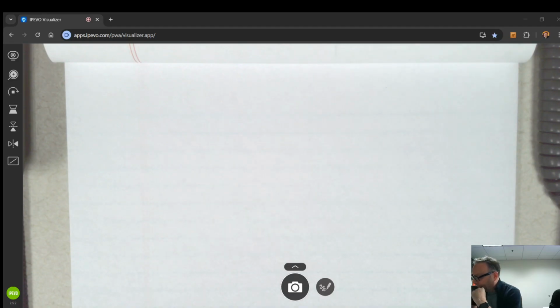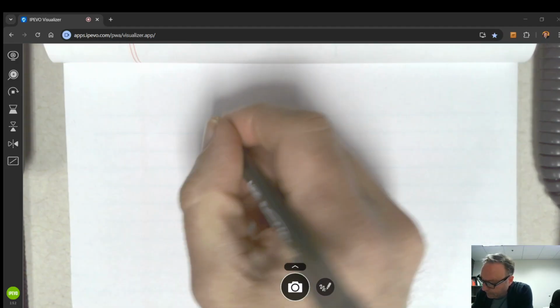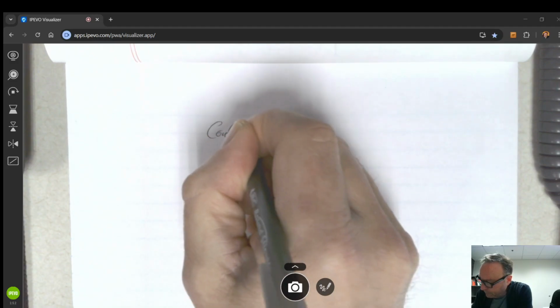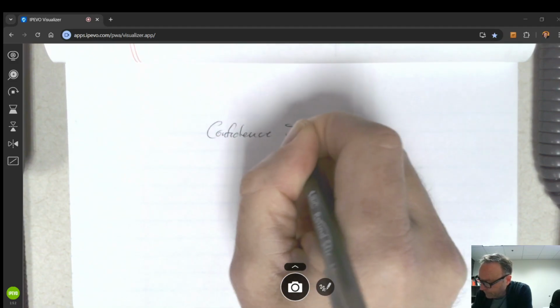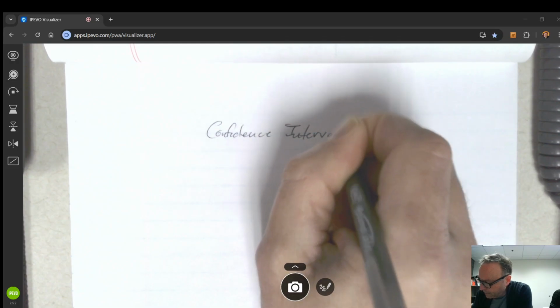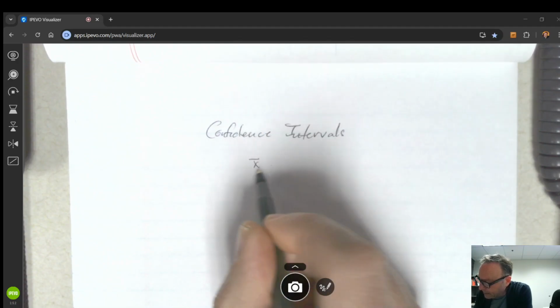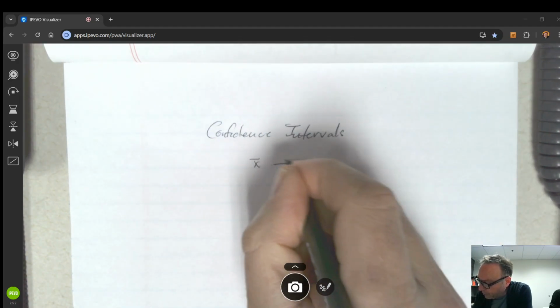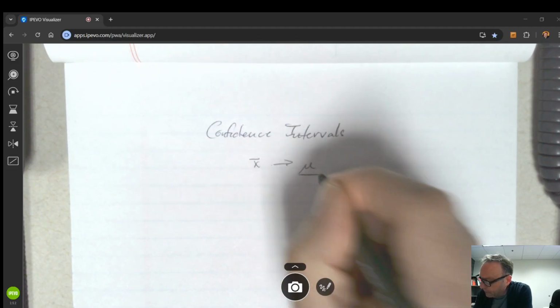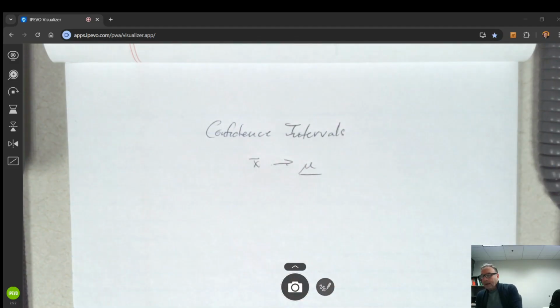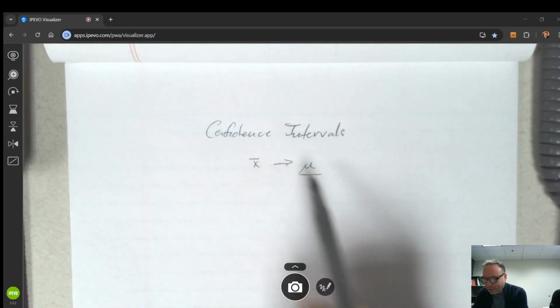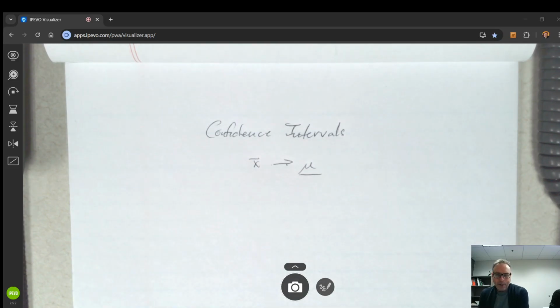It says the probability that the population mean, let's say this is confidence intervals. All right, so we are going to take a sample statistic, and we are going to estimate the population parameter, right? Now, the probability that these two are equal is 0.